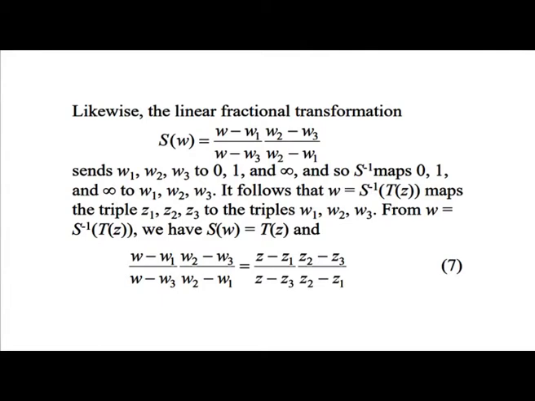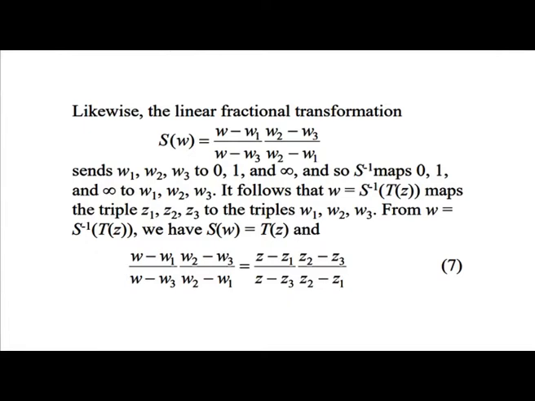Likewise, the linear fractional transformation S(w) given by (w - w1)(w2 - w3)/((w - w3)(w2 - w1)) sends the points w1, w2, w3 to the points 0, 1 and infinity, and so S inverse maps 0, 1 and infinity to w1, w2, w3.